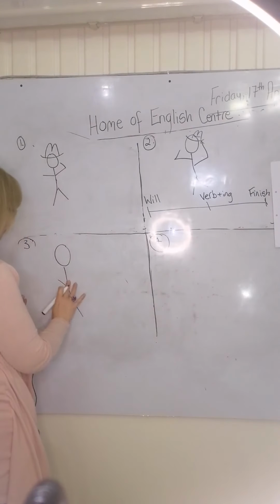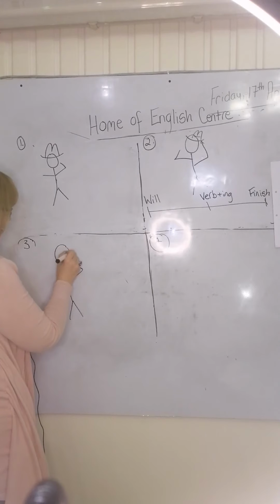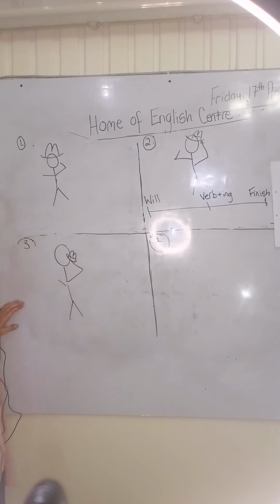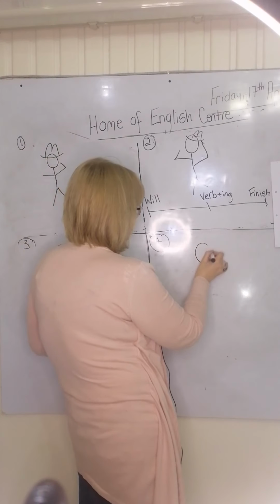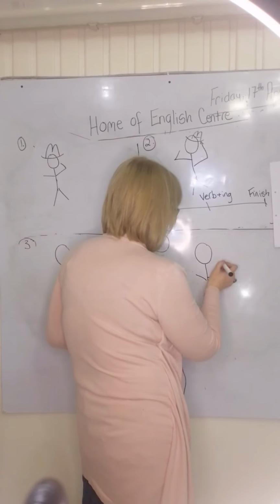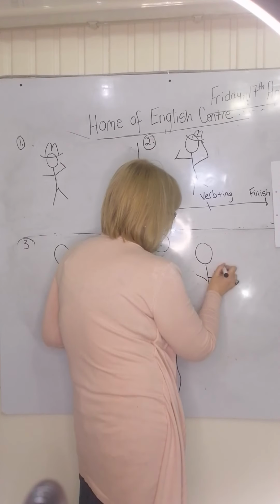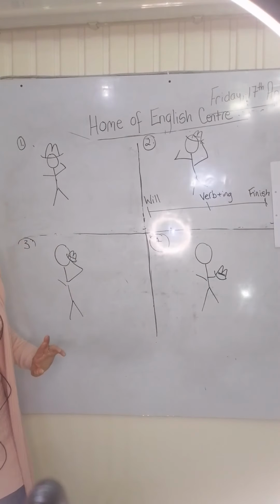So his hat is now here. He is taking it. Here is John. He took. He's finished.